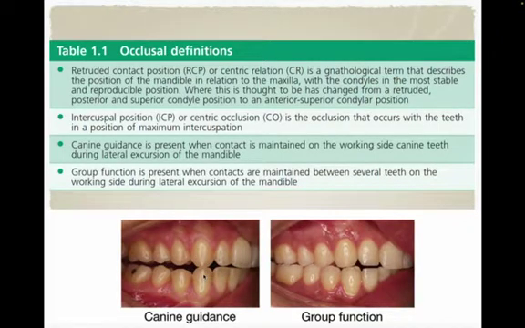We call this canine guidance or cuspid rise sometimes. While group function guidance is when, during lateral movement, the load is distributed between canines and premolars. So there are several teeth on the working side having a contact. We call this group function guidance, while this one is called canine guidance.